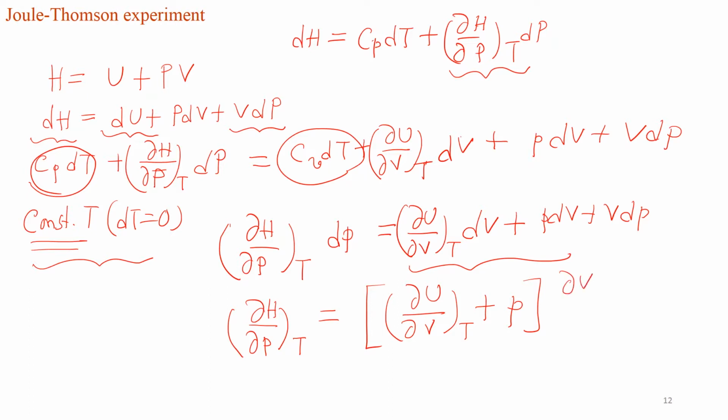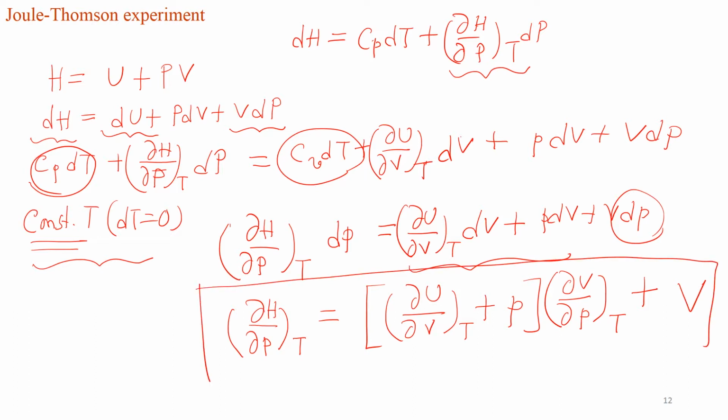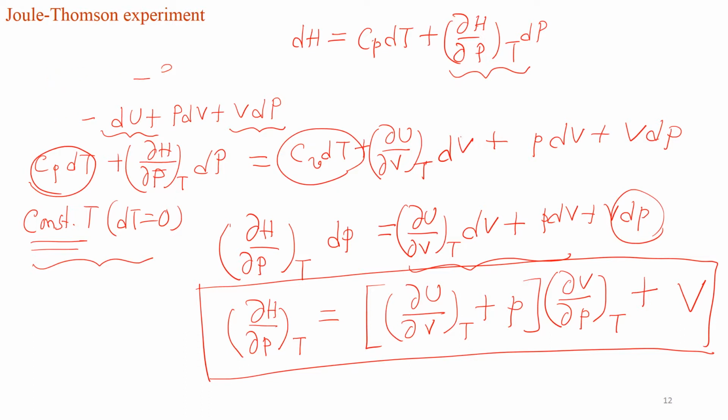Now, we are taking a partial derivative with respect to pressure at constant temperature, plus if I divide by dP, this term becomes just V. So, now we get an expression for (∂H/∂P)_T for any system.